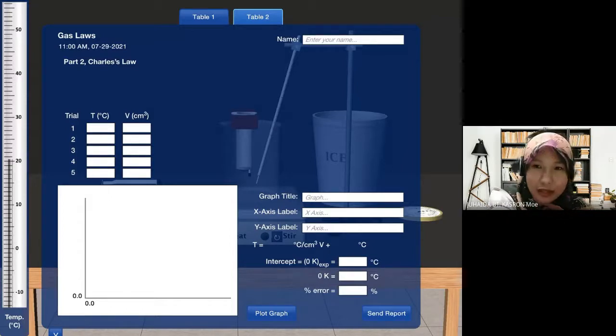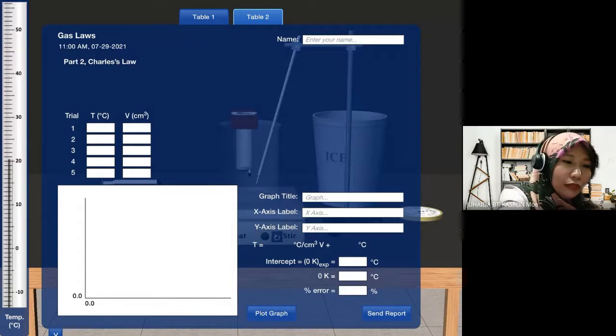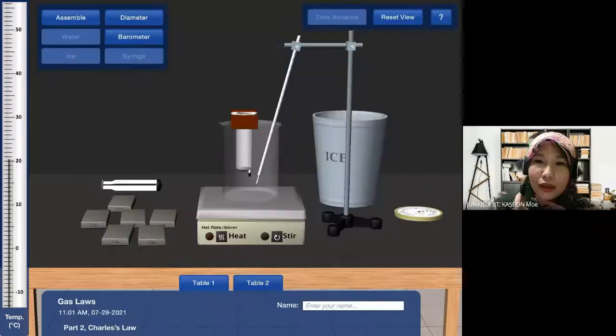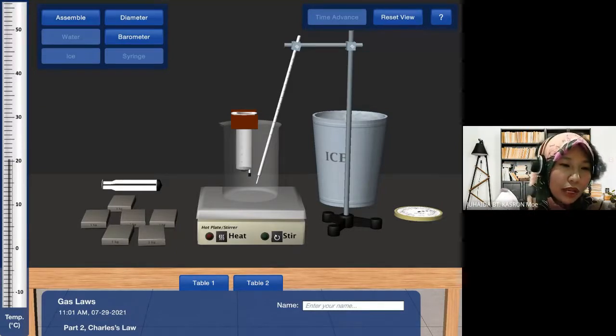Did you get it, everyone? 20 until 40, yes, right? 20 until 40. Okay, I will show you how to conduct this experiment.